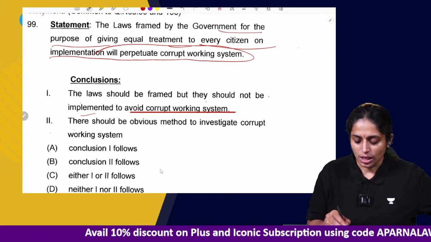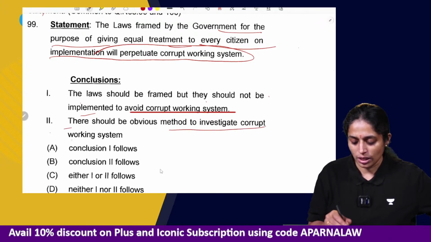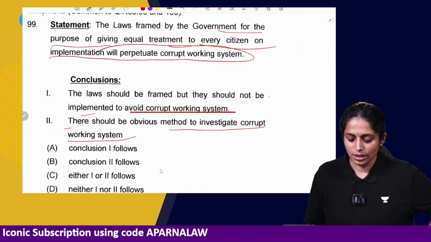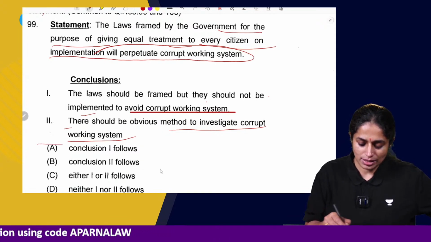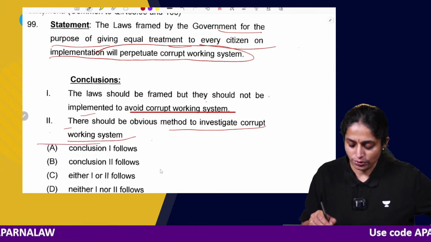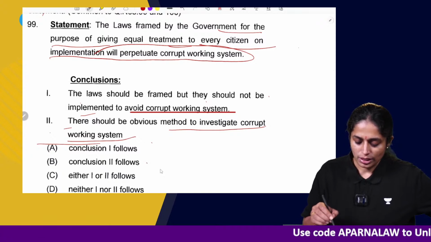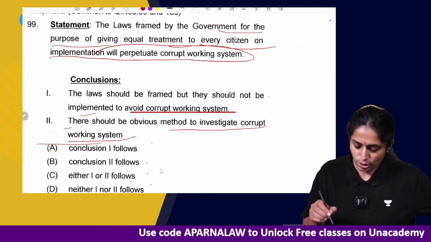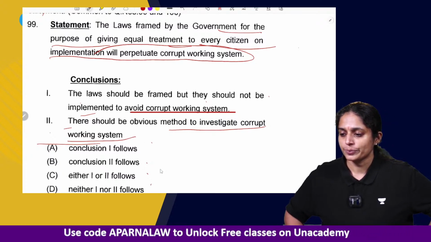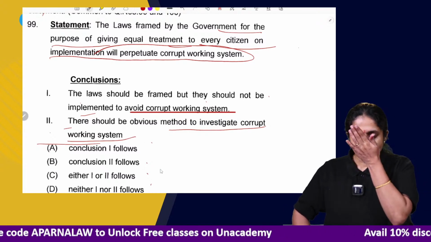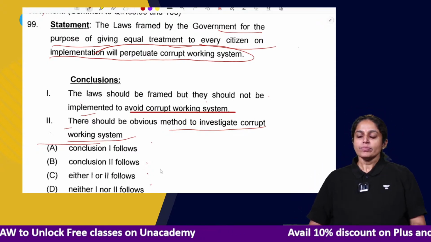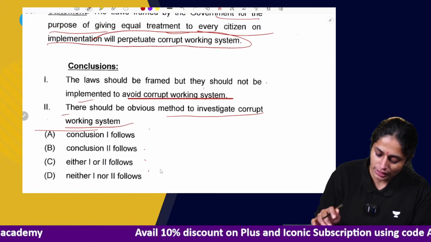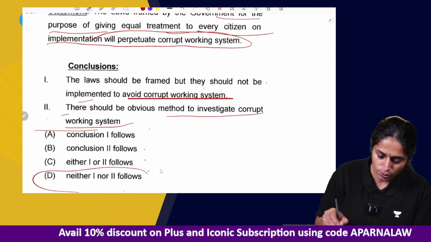Two, there should be an obvious method to investigate corrupt working system. The options are conclusion 1 follows, conclusion 2 follows, either 1 or 2 follows, and D, neither 1 nor 2 follows. So according to this, D is the correct answer. Neither 1 nor 2 follows.